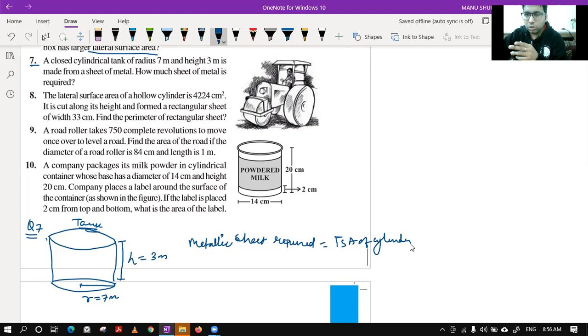That will be equal to the total surface area of the cylinder only, and that can be found easily by the formula 2 pi RH plus 2 pi r square. Just you need to find this value, and that much area is required to be cut of that metallic sheet. Please confirm, is this part clear to you of question number 7?